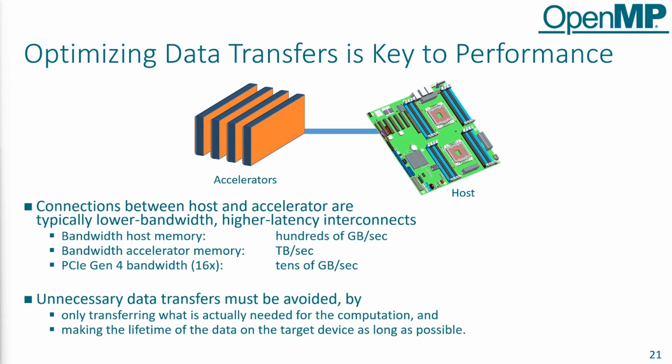And then the other thing that you can do, obviously, is make the lifetime of your data extend across a multitude of offload kernels, meaning you keep the data on the GPU as long as you possibly can and only bring it back when you absolutely have to. And I'm going to show you now how this can be done.